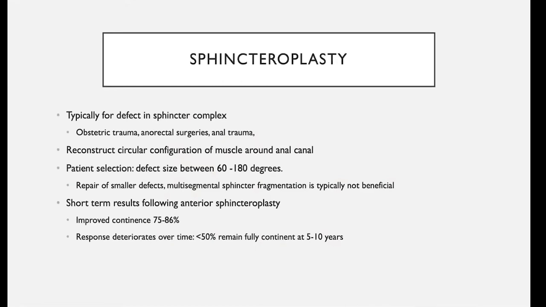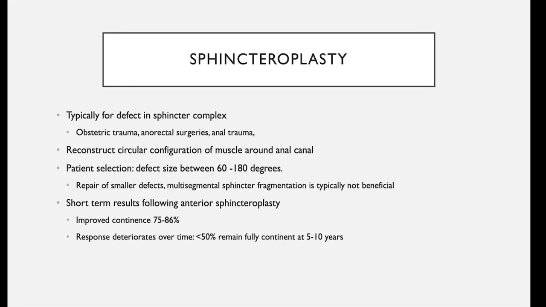A sphincteroplasty is typically performed for a defect in the sphincter complex. Again, risk factors for this are obstetric trauma, anorectal surgeries, and anal trauma. The aim of this is to reconstruct the circular configuration of the muscle around the anal canal, and it's typically done for patients with a defect between 60 to 180 degrees.